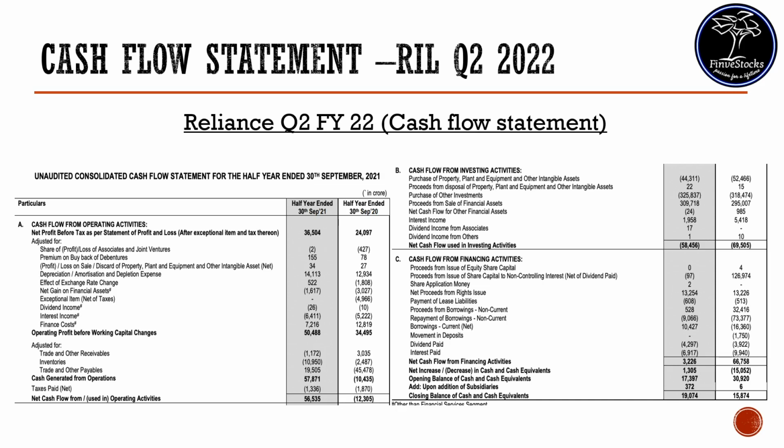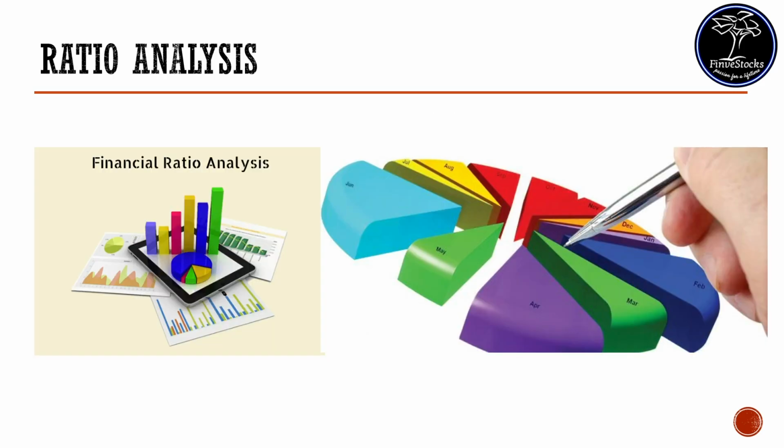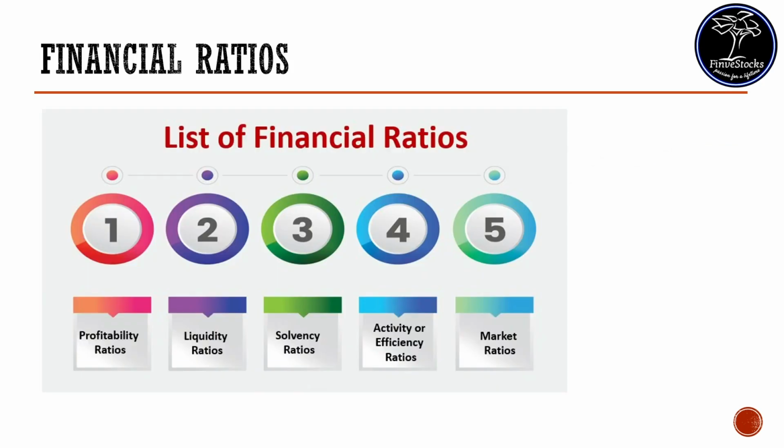To do the company analysis in a better way, separate ratios have been developed which are derived from the financial statements, called ratio analysis. There are different types of financial ratios like profitability ratios, liquidity ratios, solvency ratios, efficiency ratios and market ratios. We will see all these types of financial ratios in our upcoming videos.